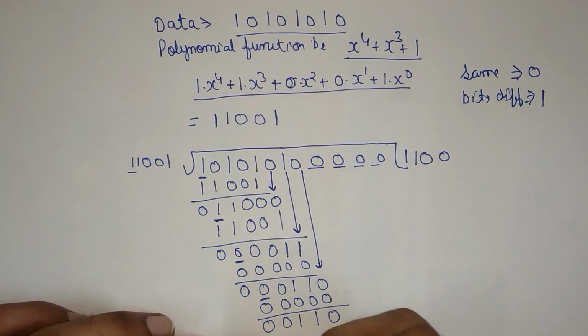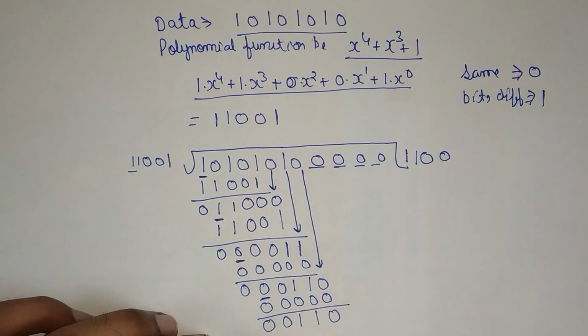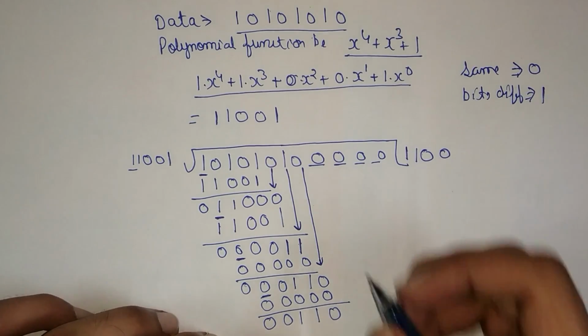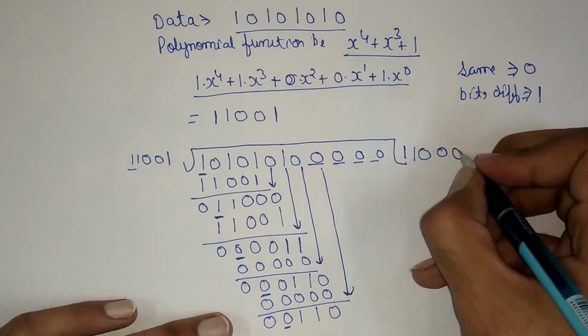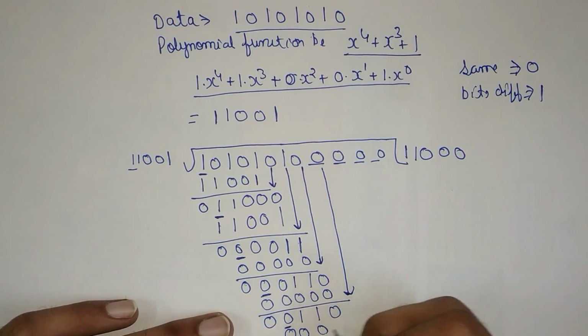Multiplying it with 0, we again get 0 0 0 0.